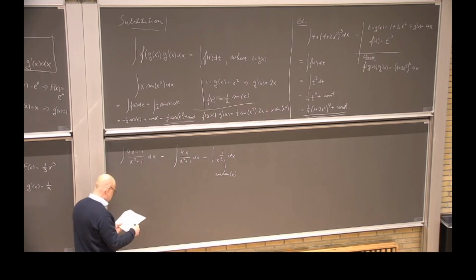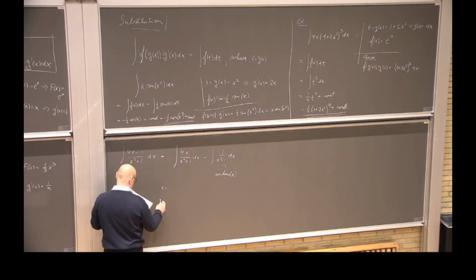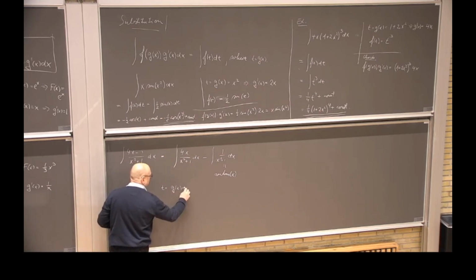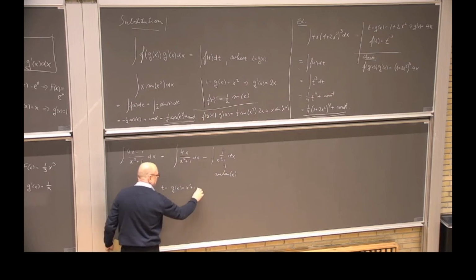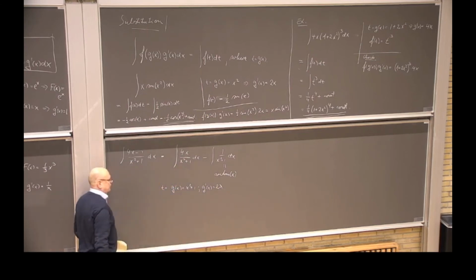So let's see if we can do that. So I put t equal to g of x, which is x squared plus 1. And then I get g prime of x is equal to 2x.